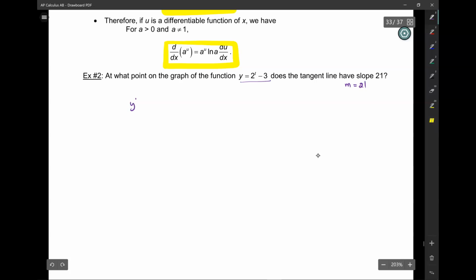So y prime is equal to, what's the derivative of 2 to the t? 2 to the t ln of 2, minus, what's the derivative of the 3? 0. So that's it right there. And now I need to set this equal to 21.